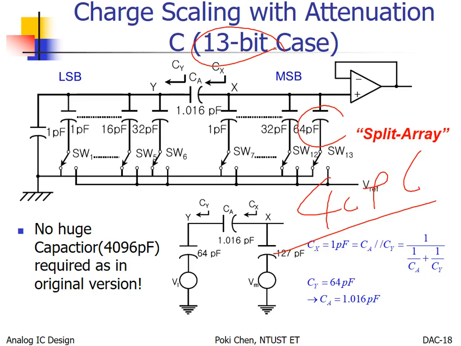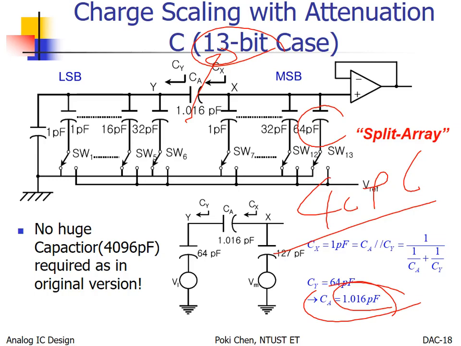Anyway, the other problem is, is it possible for you to make your attenuation capacitor with 1.016C? Okay, it is impossible. Unless after fabrication you have something to fine-tune CA, otherwise forget about it.